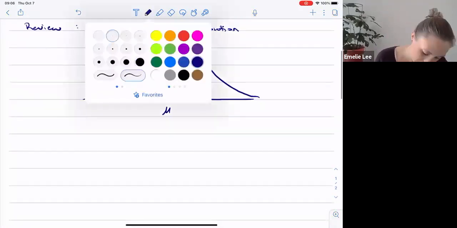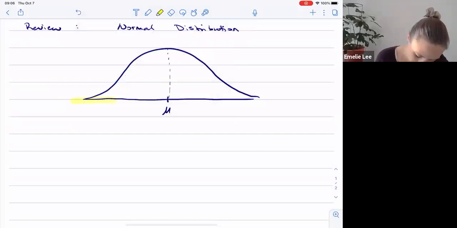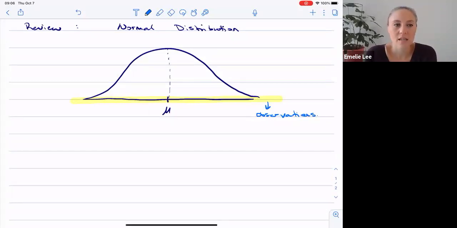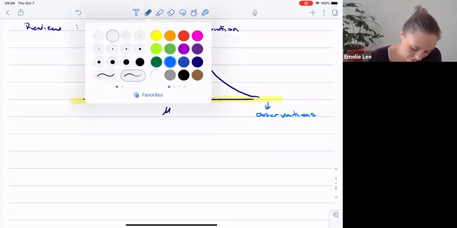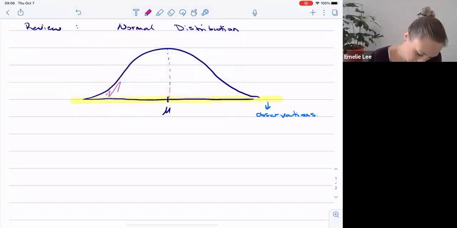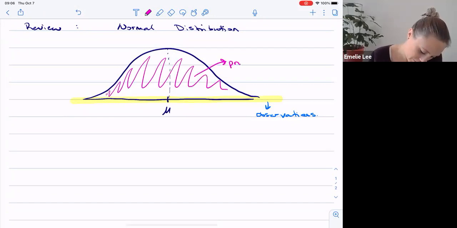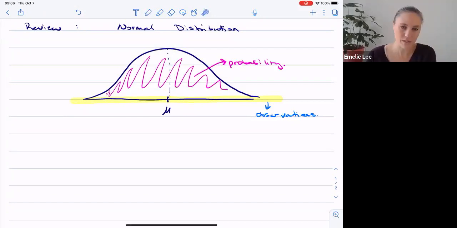Okay. And so here on the x-axis, let's call it, you have your observations. Then what we said was that the area under the curve, this area here, is going to be a probability. What does it mean?